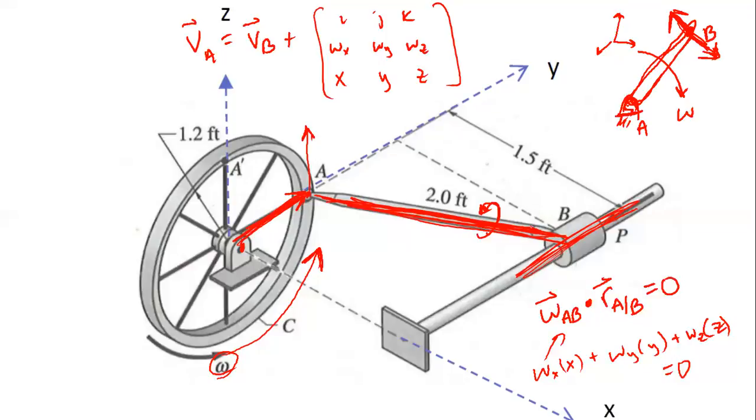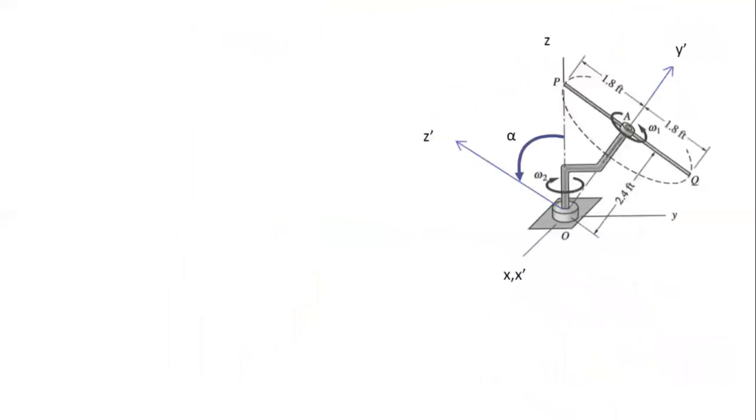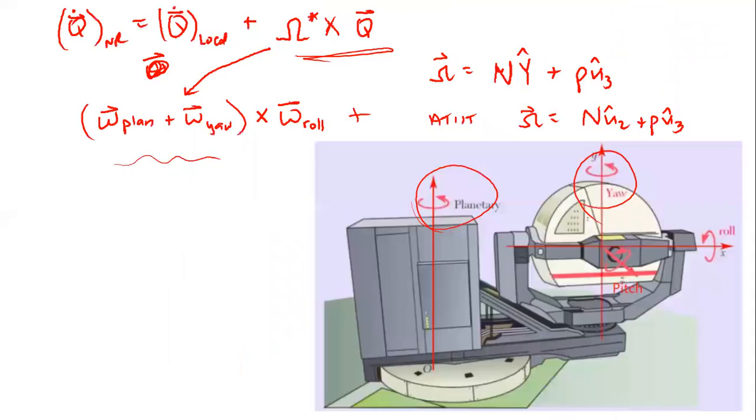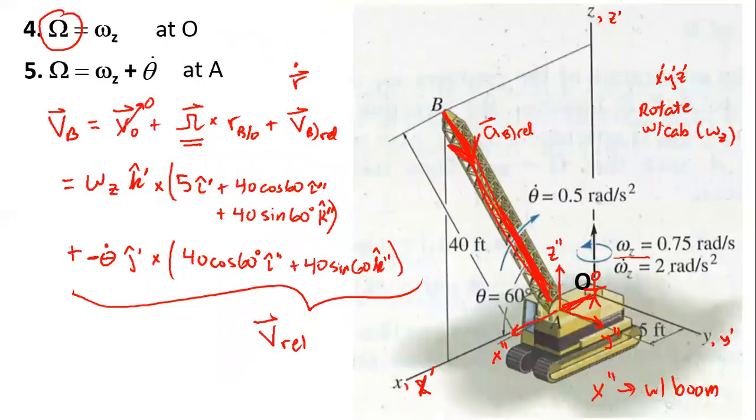Okay, more questions. Okay, so there's a question about number 5. For number 5, you're going to want to use point A as your reference point, and that's what I do as well.